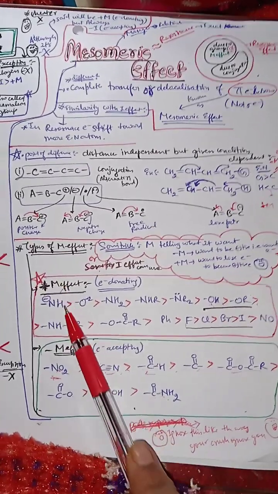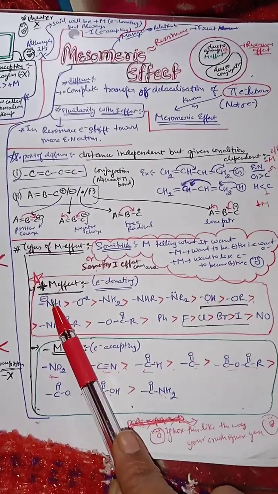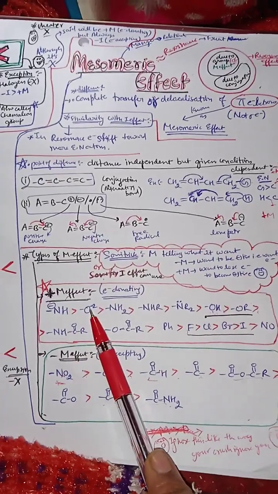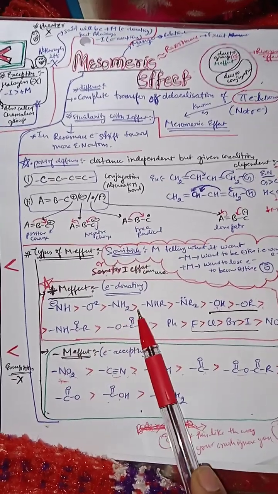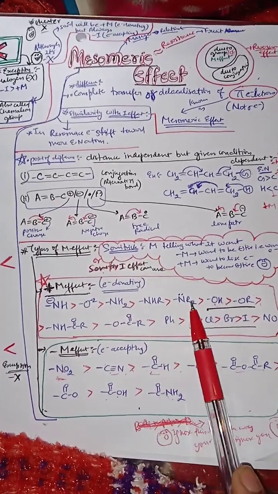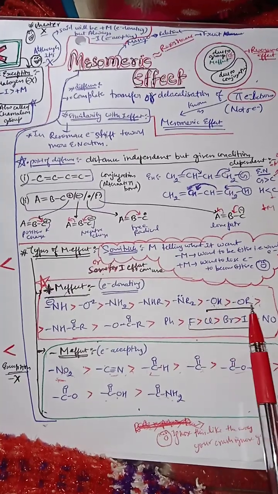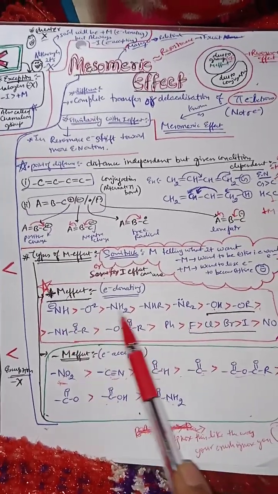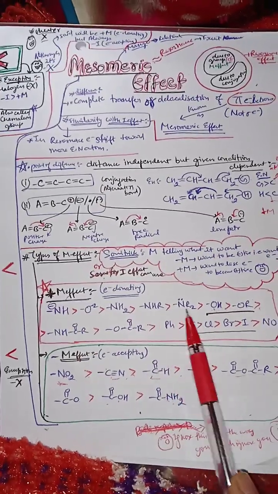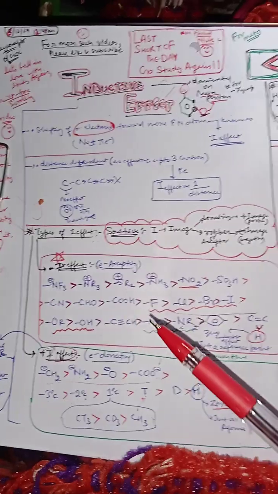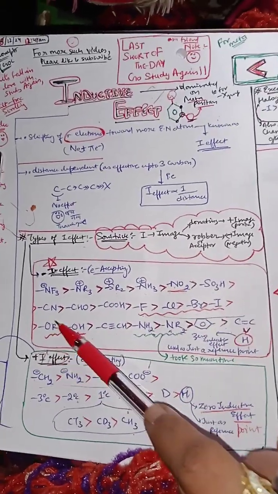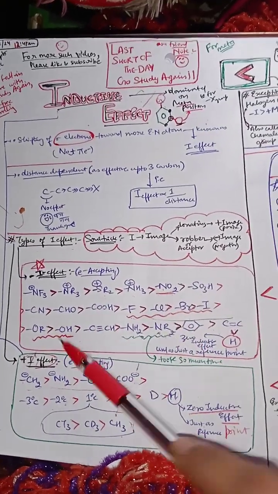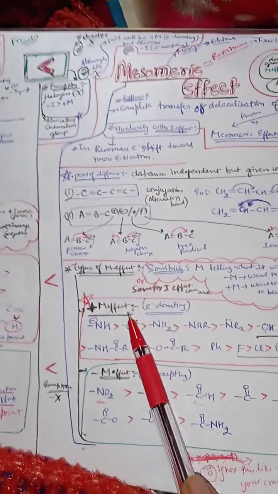Here we can see the order for plus M: N negative H more than O negative, more than NH2, more than NHR, more than NR2, more than OH or OR. It just comes after this nitrogen family related group. Whereas in I effect you can see OH is a little later, after halogen. Here is minus I effect, and here is plus M effect.